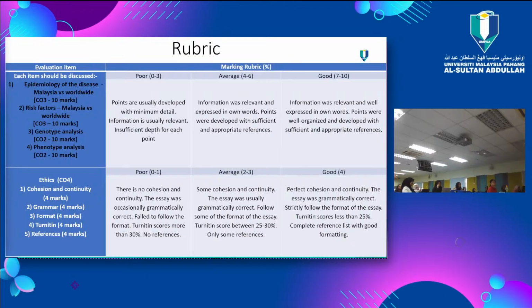Okay, so this is the rubric of the assessment. Make sure that you have discussed each of these items in your essay. I don't have the Turnitin, so do you want to have the Turnitin account set to you? I haven't set it yet. Okay, so maybe I send the Turnitin account to you. So submit your essay in Turnitin.